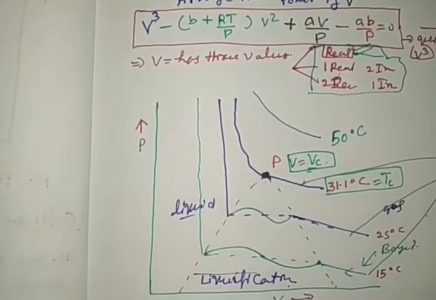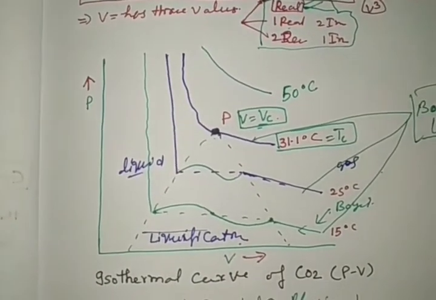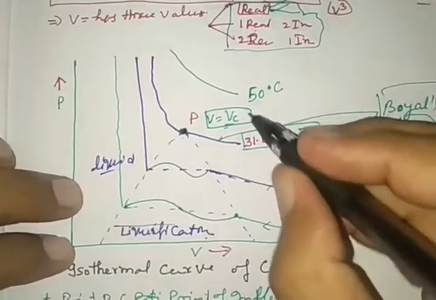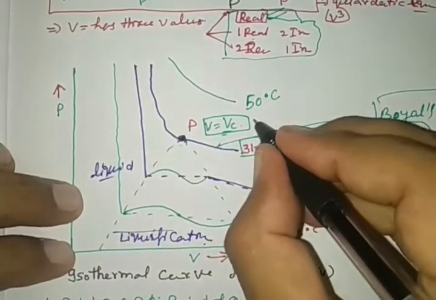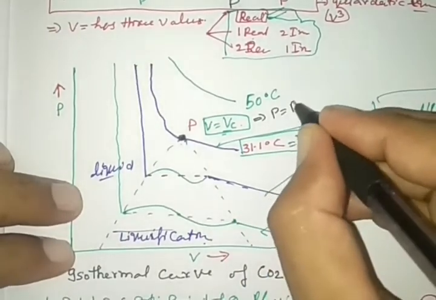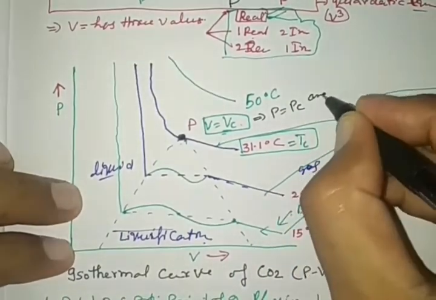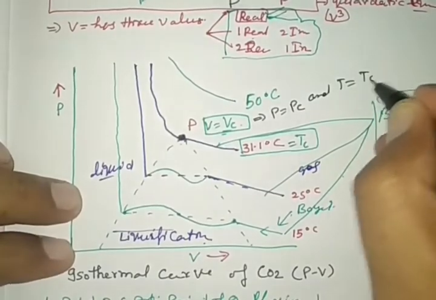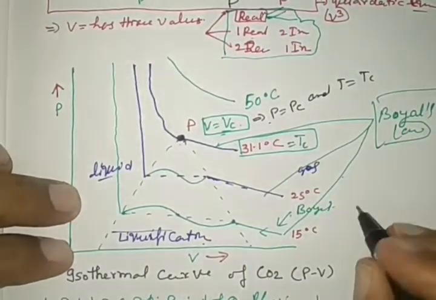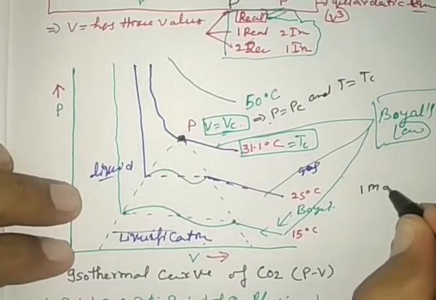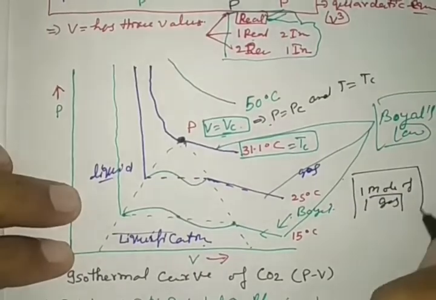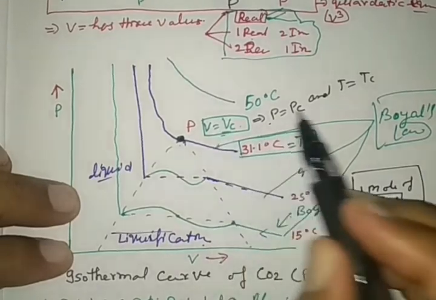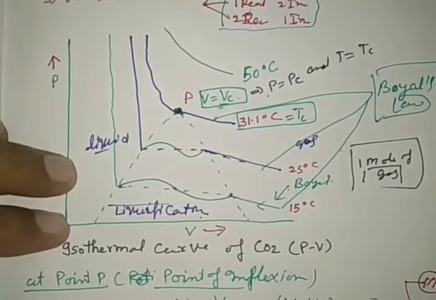in this graph. See the point of inflection where V is equal to Vc. This whole calculation is at point P. This implies that P is equal to Pc and T is equal to Tc for 1 mole. It means 1 mole of gas is filled here. If V is equal to Vc, it is for 1 mole of gas.